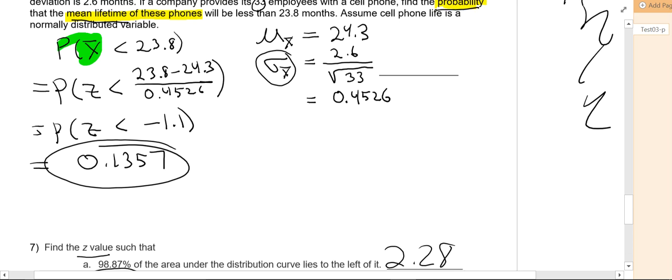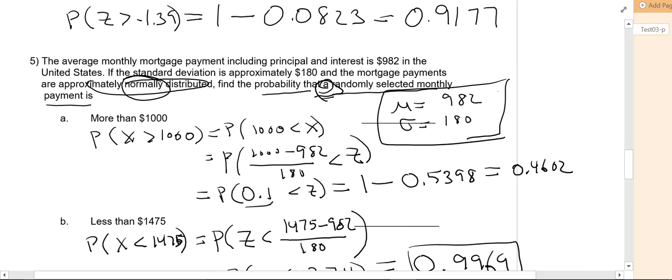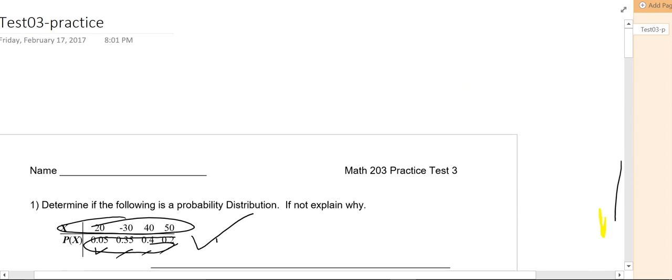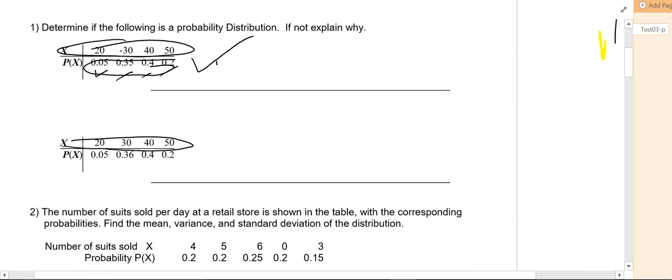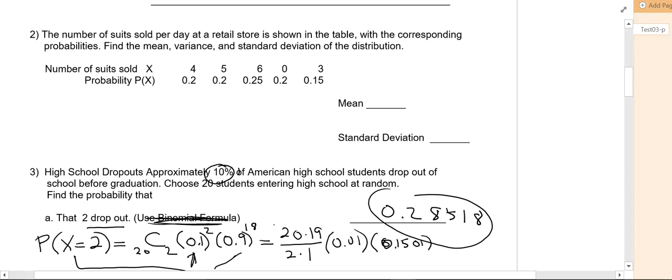All right. So anyway, I'm going to scan through it so you can see the answers. This one was a yes. This one was a no. I'm going to show you this at the end, but I'm not going to walk you through it.